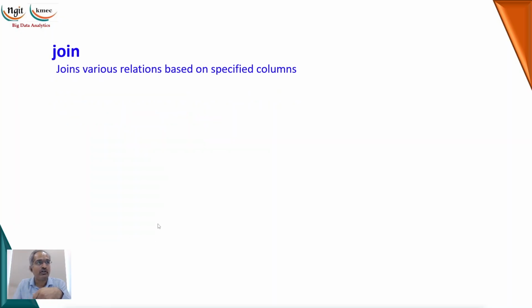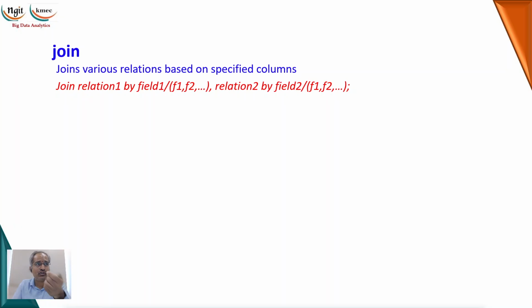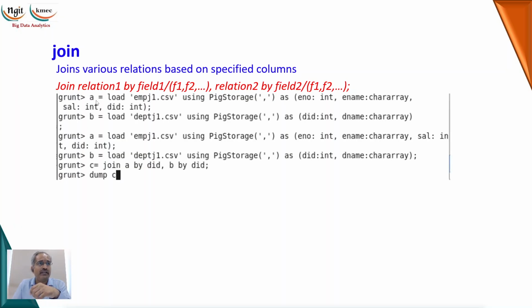Okay, and then join. You can join two relations by using the join. So here A equal to EMPJ1, B equal to DEPTJ1. I just want to load them, and then I just want to join them. CC equal to join A by DID, B by DID. There is a common column. We are giving that join A by DID, B by DID.